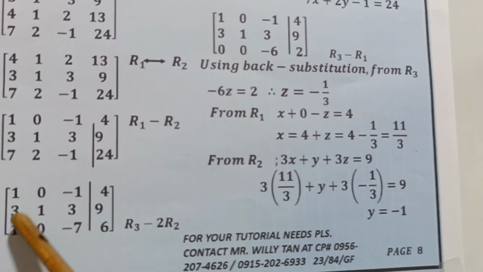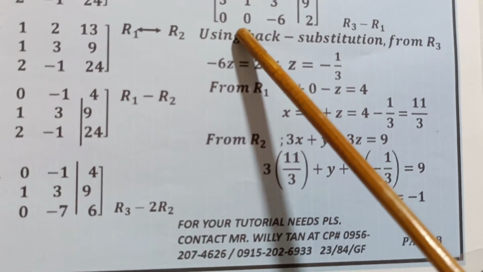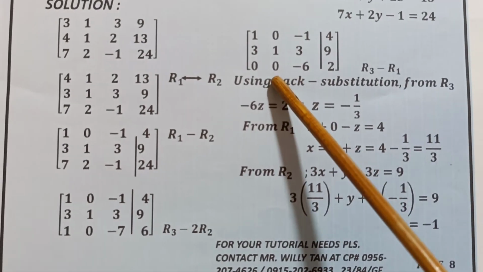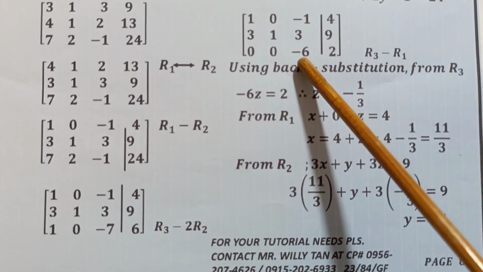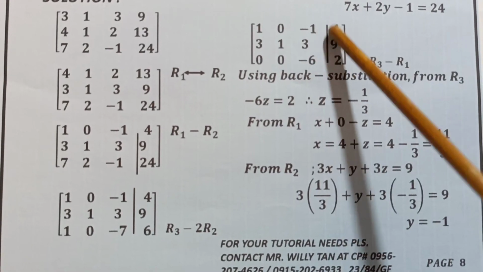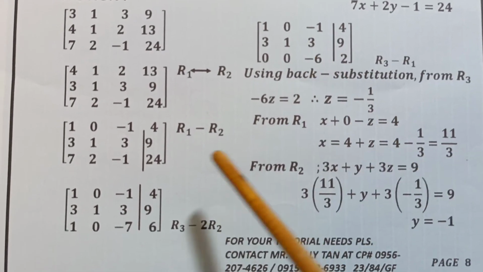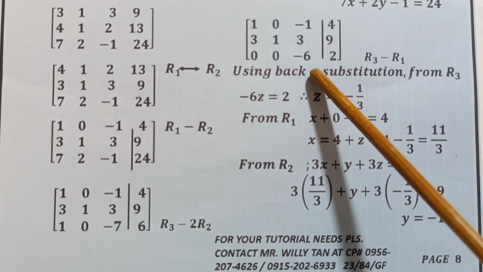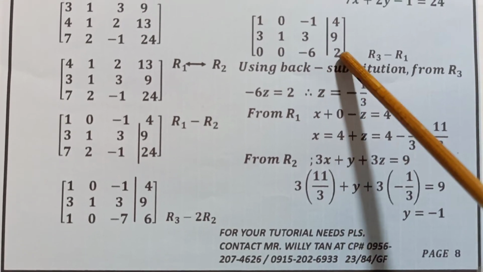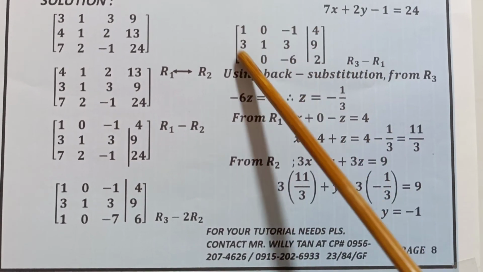Row 3, 1 minus 1 is equal to 0. 0 minus 0 is equal to 0. Negative 6 minus 1, which is positive 1. Negative 7 minus 1 minus 1 is negative 6. And 6 minus 4 is equal to 2.